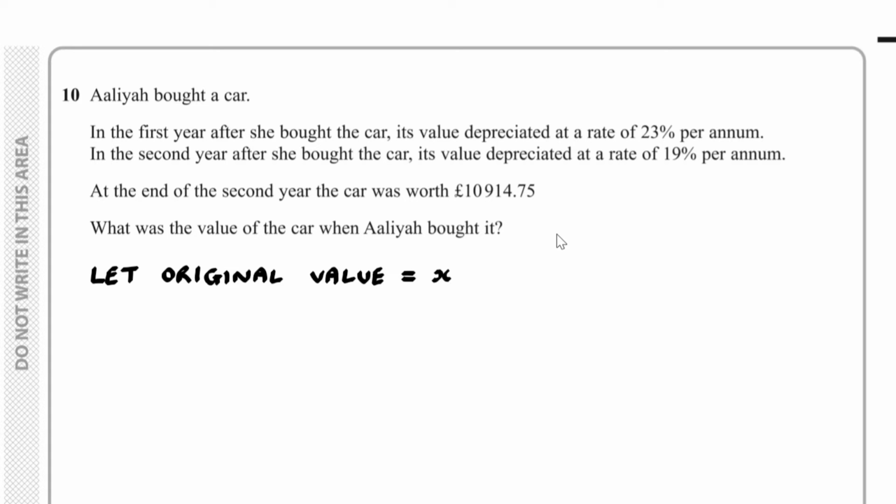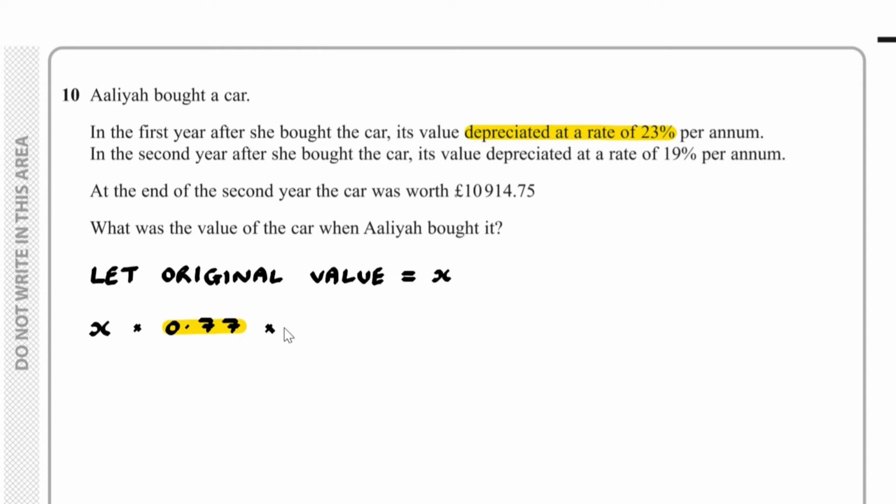If we let the original value equal x, then we have x multiplied by, well, it depreciated at a rate of 23% in the first year, so we multiply by 0.77. This 0.77 would correspond to the depreciation of 23%.